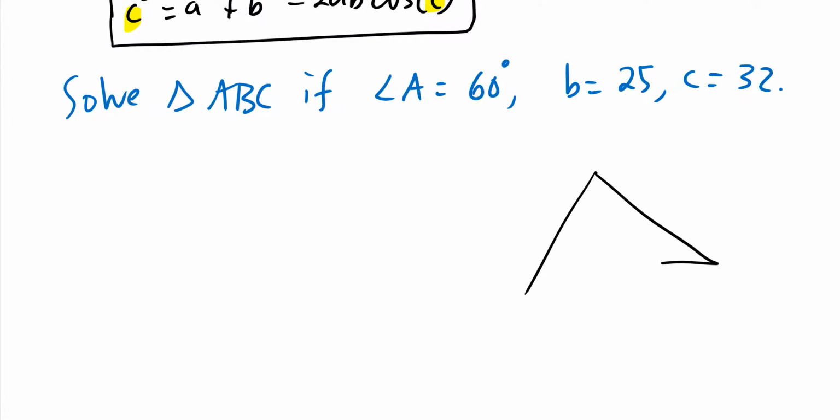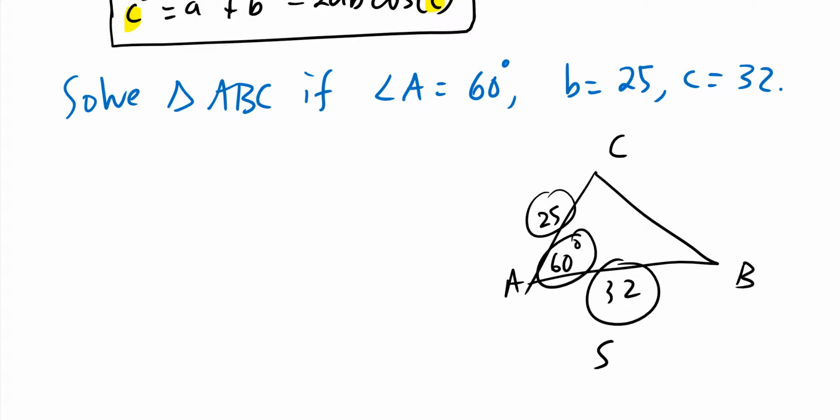If you randomly draw a triangle ABC, b is 25, c is 32, and the angle is 60. Actually, no, they give me the angle between them. See, it's a side angle side case.